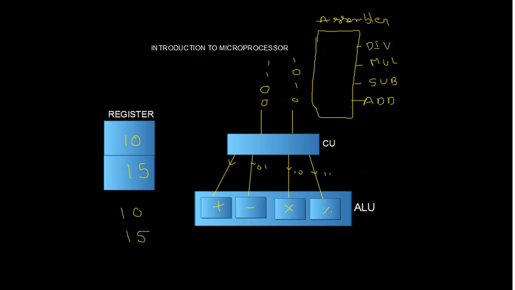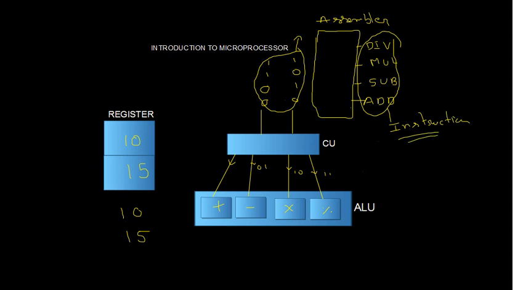Here in the simple case, for better understanding, I am taking only 2-bit opcodes. These are called 2-bit opcodes, but in the actual case opcode size will be increased. So these four are called instructions. So thank you.